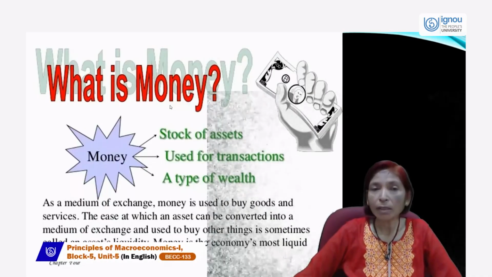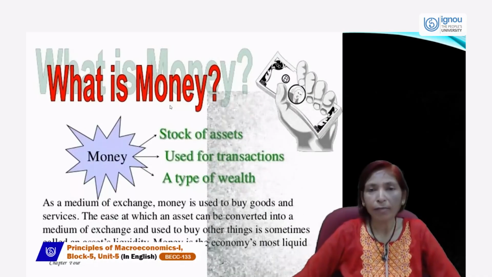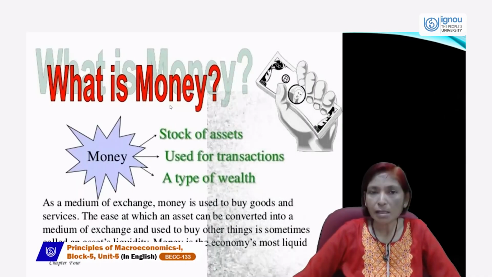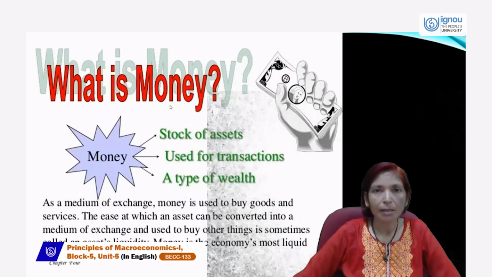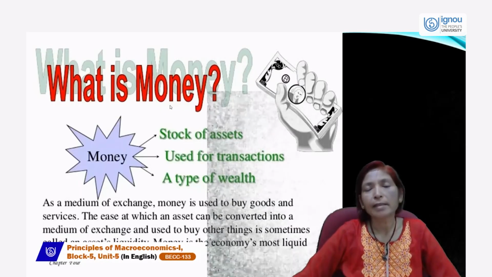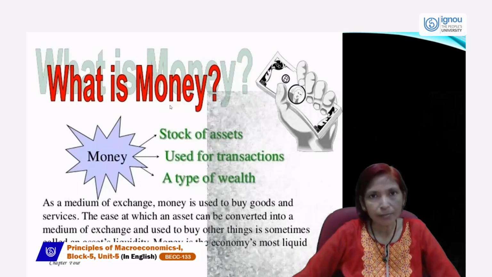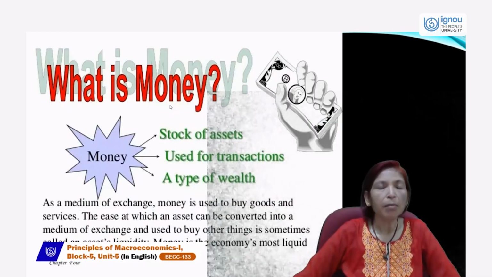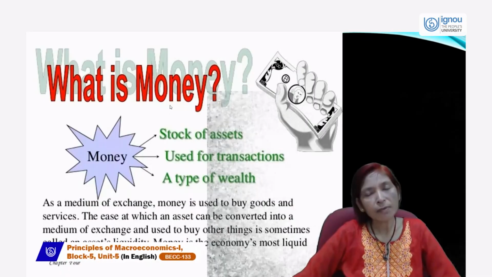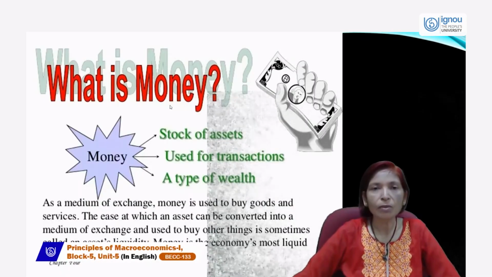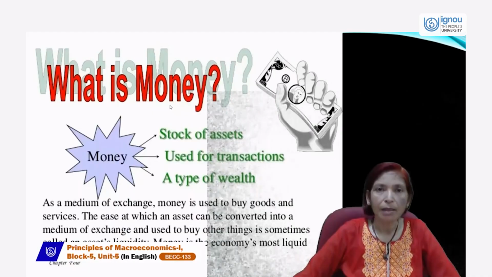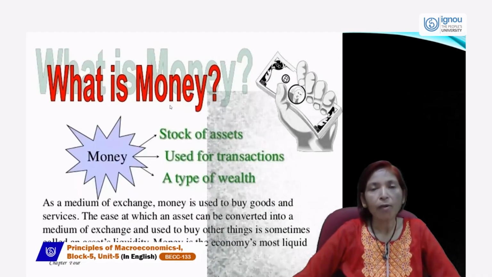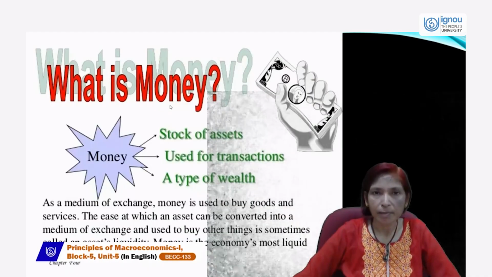But Crowther gave the accurate definition of money. Money is a medium of exchange. Money is generally acceptable by all. Money can be easily storable. Money can be easily transferable from one place to another place. And money can be used for deferred payments.